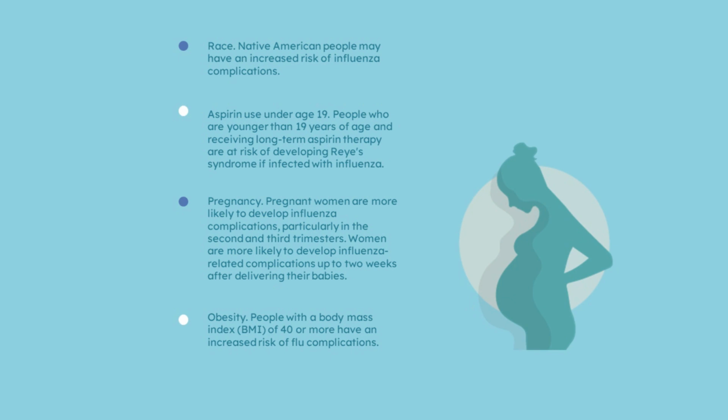People who are younger than 19 years of age and receiving long-term aspirin therapy are at risk of developing Reye syndrome if infected with influenza. Pregnancy. Pregnant women are more likely to develop influenza complications, particularly in the second and third trimesters. Women are more likely to develop influenza-related complications up to 2 weeks after delivering their babies. Obesity. People with a BMI of 40 or more have an increased risk of flu complications.